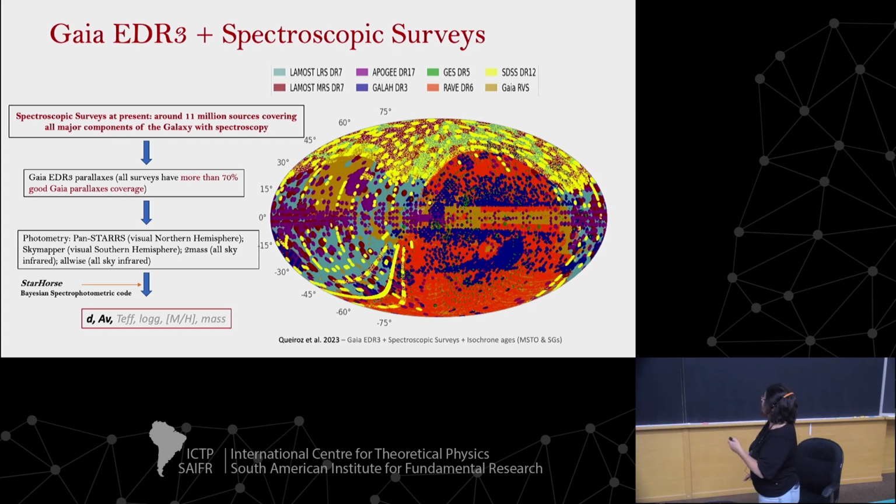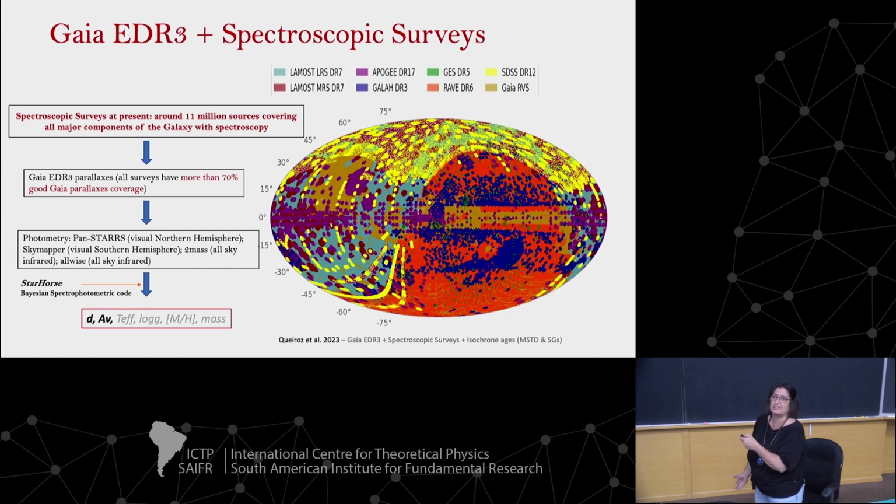Okay, so what Ana did, she combined all these spectroscopic surveys, and we got 11 million sources with spectroscopy and photometry to do the job. Then we used the parallax of EDR3, and we saw that all surveys have more than 70% of objects with good parallax coverage.